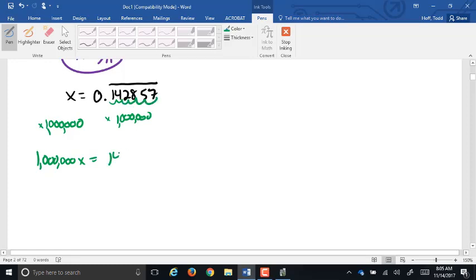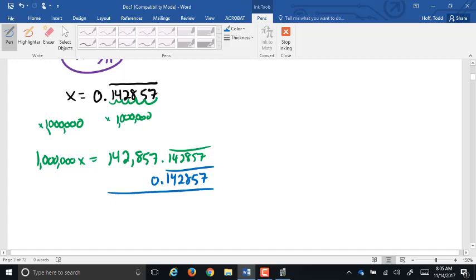So that's 142,857.142857 repeating. Now, what am I going to subtract from each side? Yes, I'm going to subtract the 0.142857 repeating, so that cancels out. It's 142,857 over here. Over here, well, that's just equal to x. I'm going to subtract x.